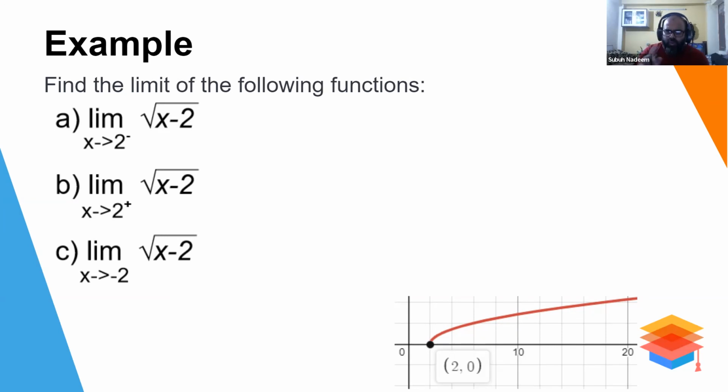And inside a square root, that can't be negative. So x minus 2 is a negative value, and in a square root a negative value cannot be taken, when you take x approaching 2 minus, slightly less than 2.